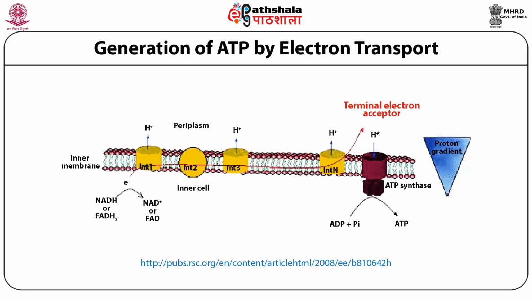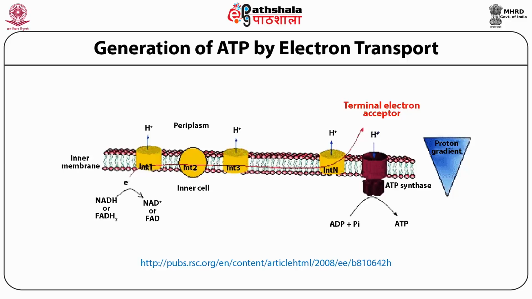Generation of ATP by electron transport chain. In a number of different modes of microbial metabolism, including respiration and photosynthesis, ATP is generated by transporting electrons through a chain of carrier molecules with fixed orientation in a cell membrane.